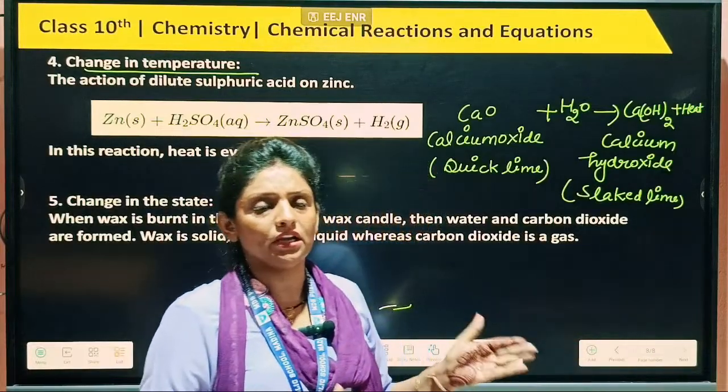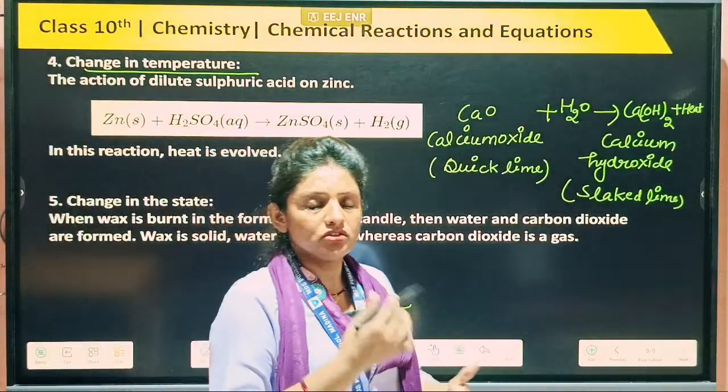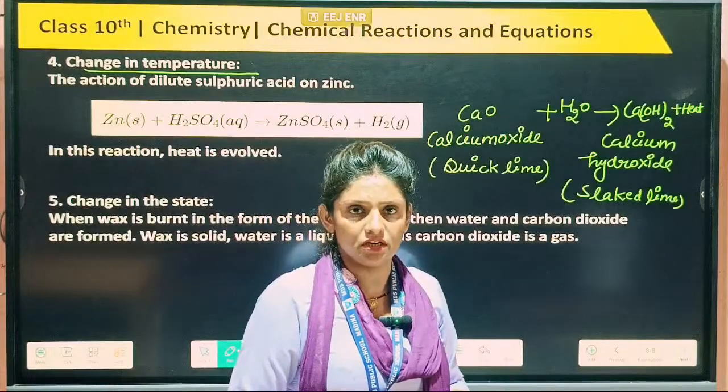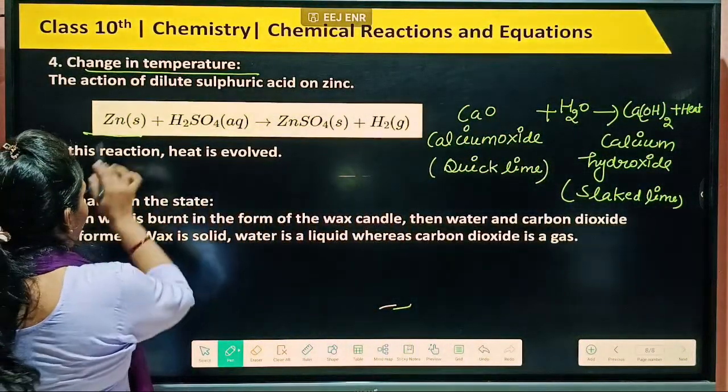Meaning during a chemical reaction energy can also be changed, temperature can be changed here.